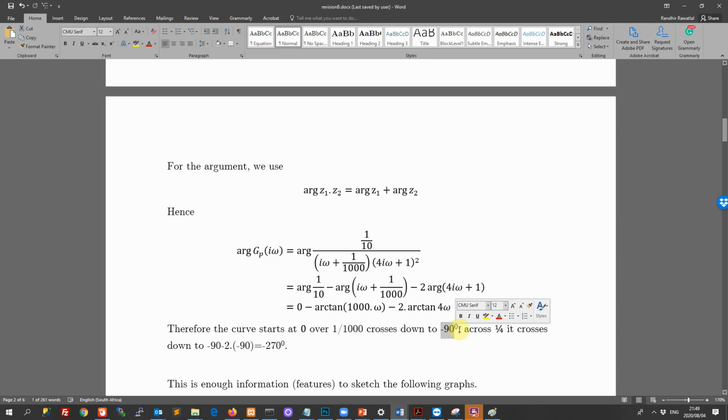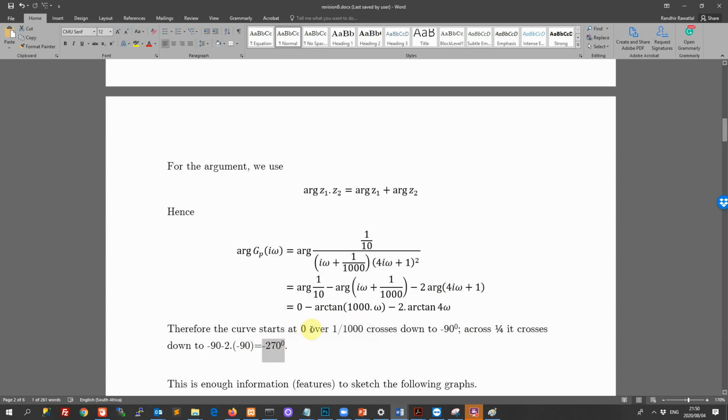And then as we go past that, we get a further contribution around 1/4. So in this factor, it will be, again, a contribution of minus 90 degrees, but it's 2 times that. So it's a contribution of minus 180 degrees. And then we still have the minus 90 degrees from this term. So minus 90 minus 180, so we'll eventually get minus 270 degrees.